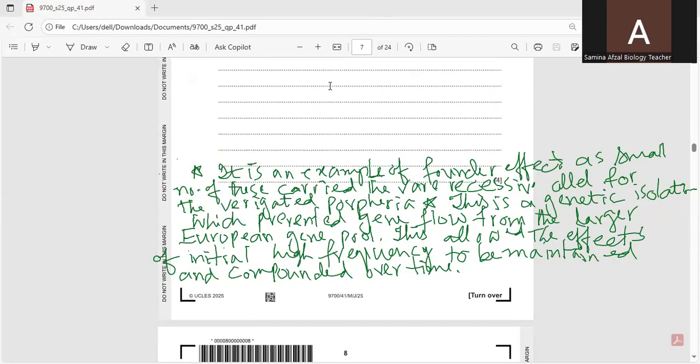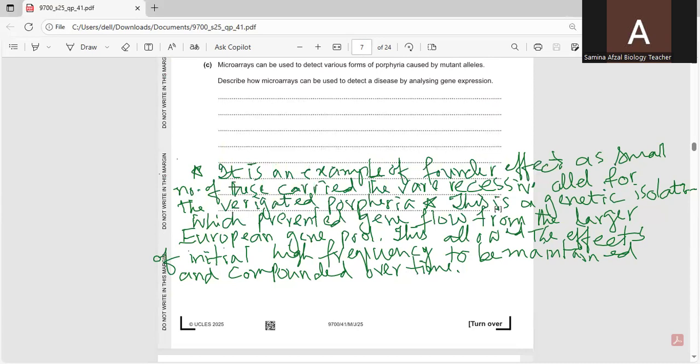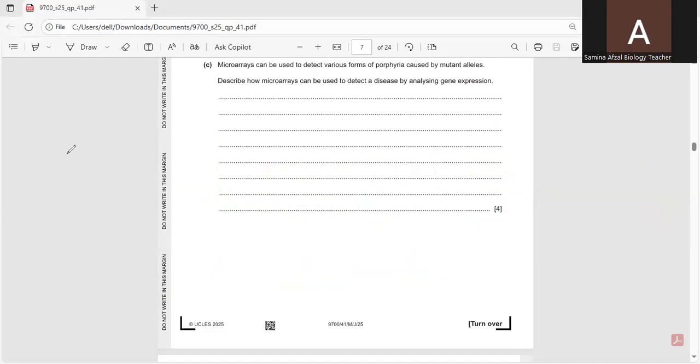Now the next question is, microarrays can be used to detect various forms of porphyria caused by mutant alleles. Describe how microarrays can be used to detect a disease by analyzing gene expression.